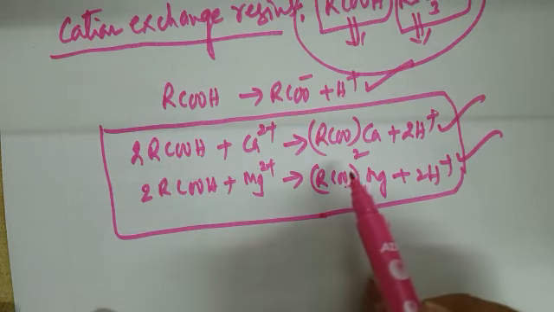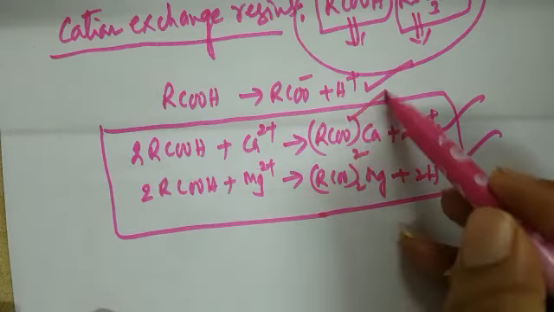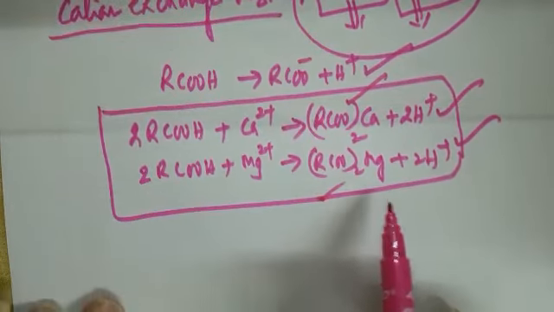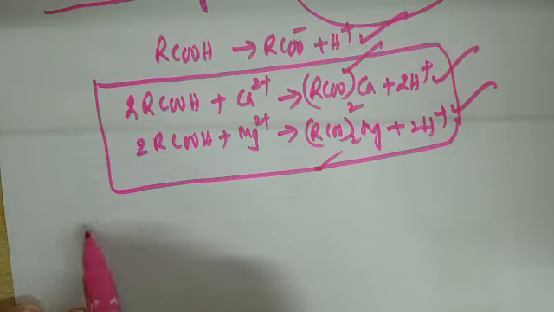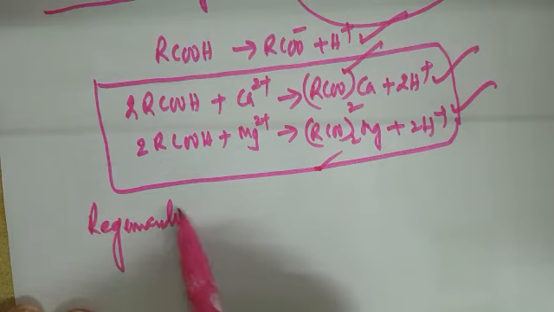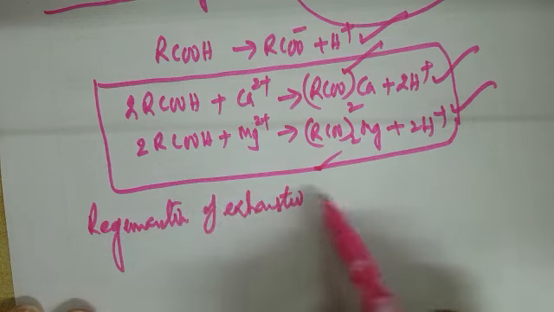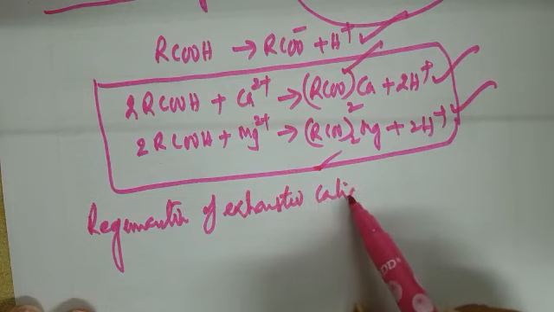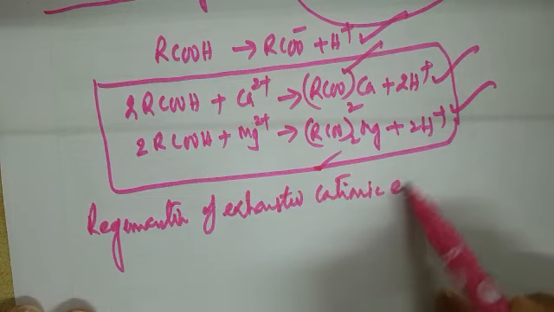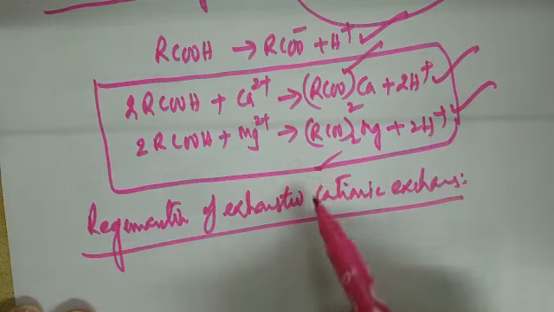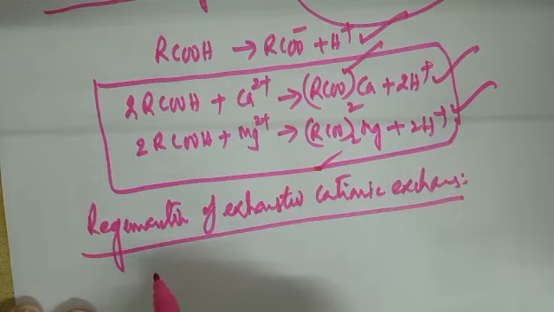The exhausted cation exchange resin formula is (RCOO)2Ca, (RCOO)2Mg. So regeneration of exhausted cation exchange resins can be performed by using concentrated sulfuric acid.